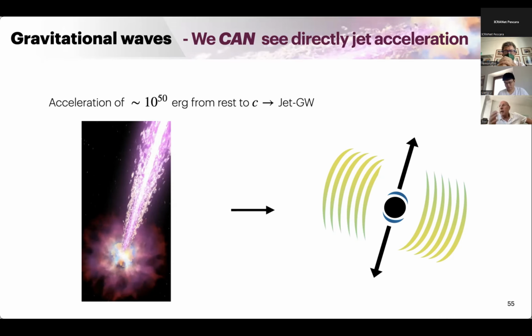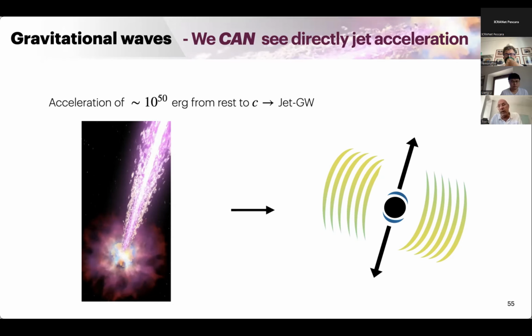This fact that you accelerated matter from rest to very high velocity immediately suggests that there will be gravitational waves accompanying, resulting from this acceleration process. So the idea is to estimate this gravitational wave and see what we should do in order to measure them.